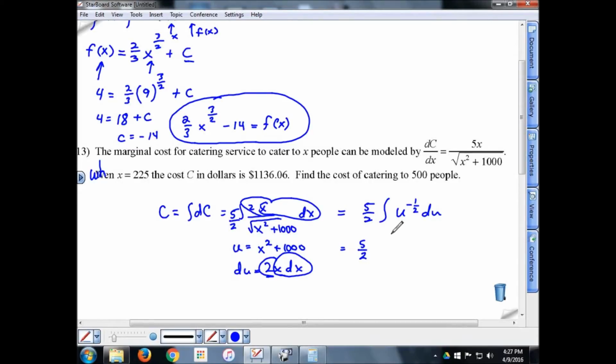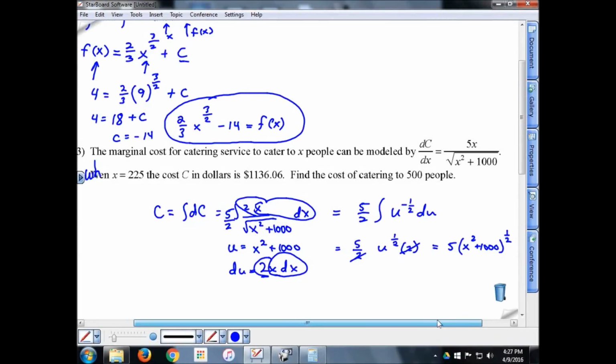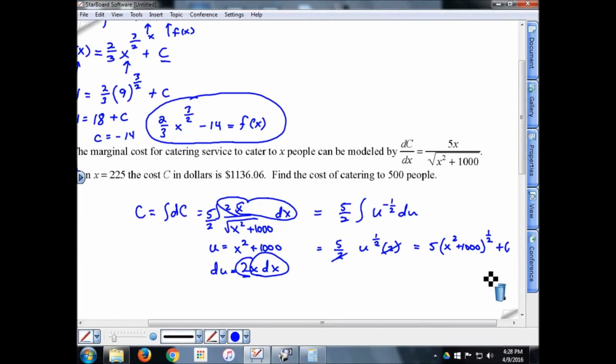So the integral of u to the negative 1/2 is u to the positive 1/2 multiplied by 2, and the 2's would cancel. So it's 5 times x squared plus 1,000 to the 1/2 plus c.